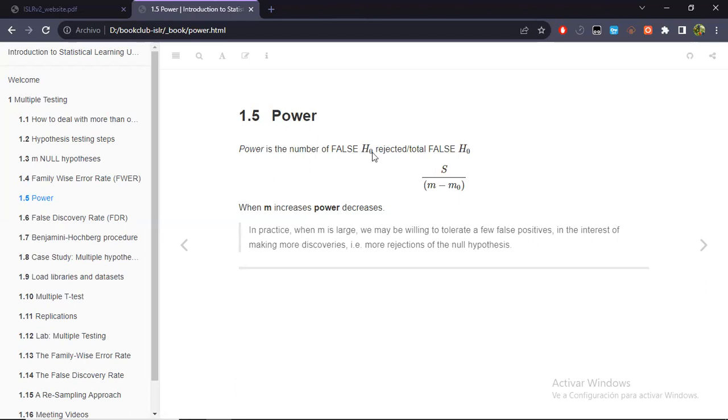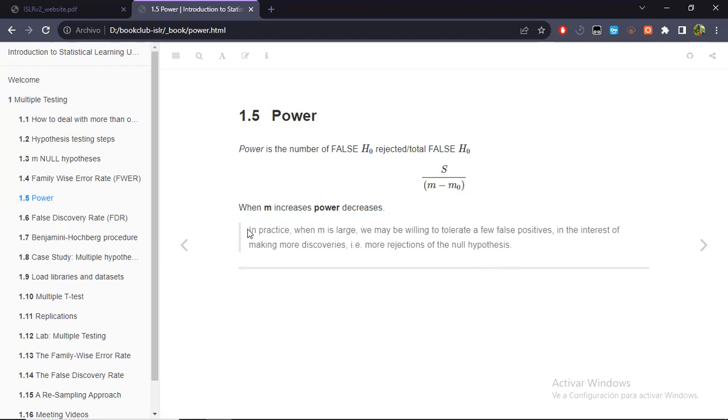That is, false null hypothesis rejected. And I'm not sure if that would be the number of false positives. Well, okay. But let's say we define it as such, this expression. And the main idea is that as we have more and more tests, this expression is going to decrease.